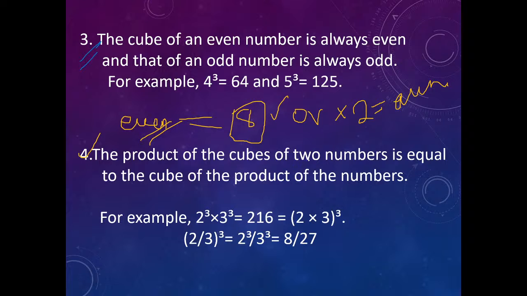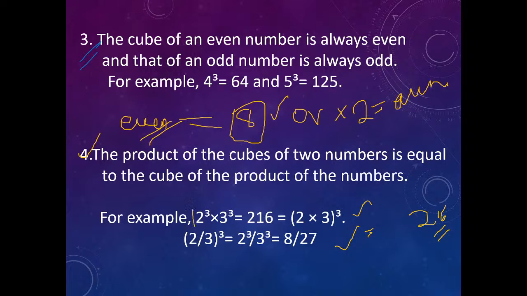The product of the cubes of two numbers is equal to the cube of the product of the numbers. I think this is kind of confusing to all of you. If you try in both ways, you get the same answer, 216. Here 2 cube into 3 cube is equal to 216.